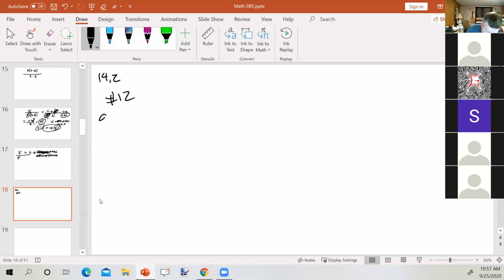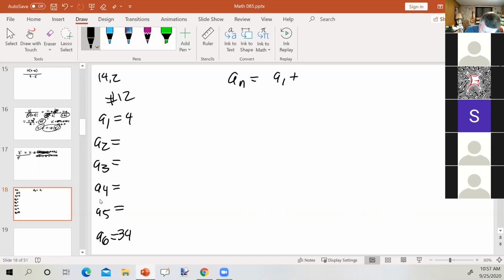We're told that a sub 1 is 4 and a sub 6 is 34. So we need to find a sub 2, a sub 3, a sub 4, and a sub 5. Once again, a sub n equals a sub 1 plus the quantity n minus 1 times d.